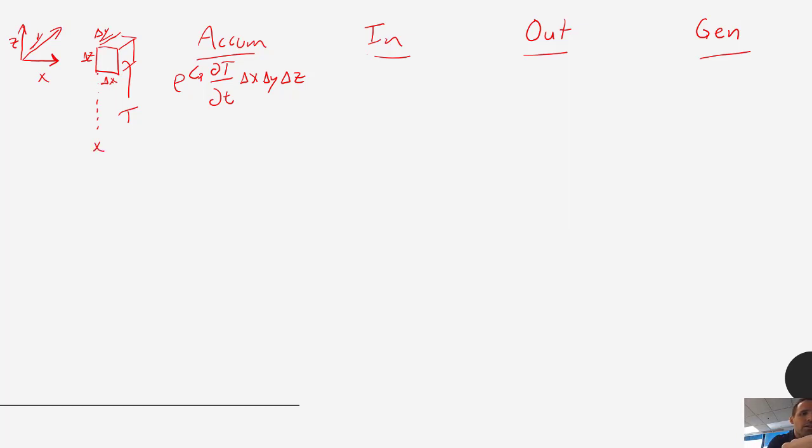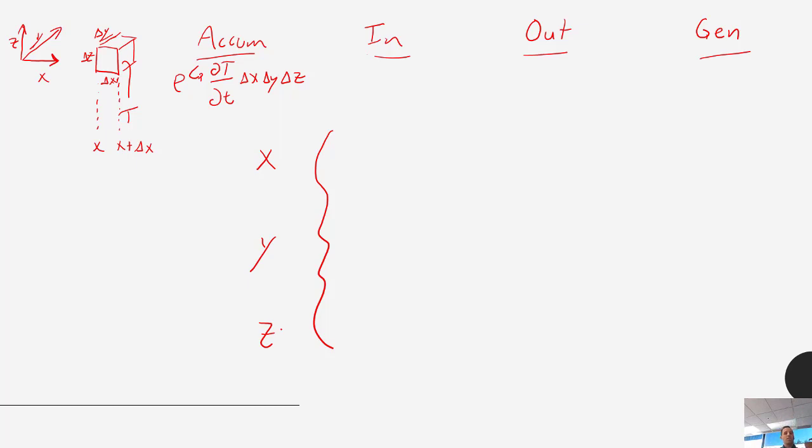Because we have a cube right now, we're thinking of it having an actual finite dimension. So the right-hand side would be measured to be at a distance x plus delta x. So what I want to do is take our in and out terms and consider them in these 3 different dimensions, x, y, and z.